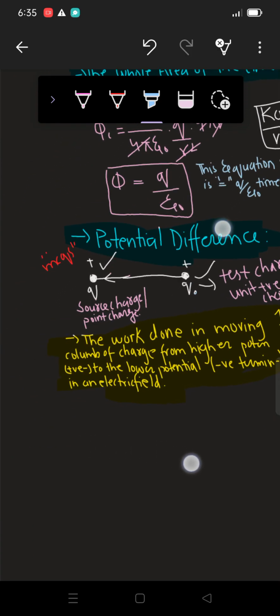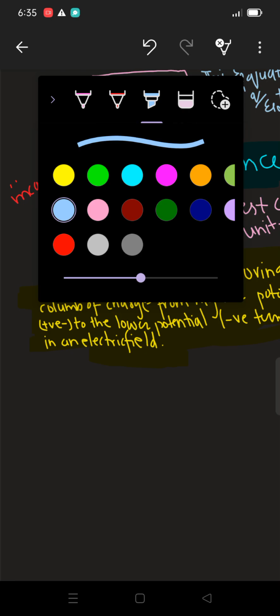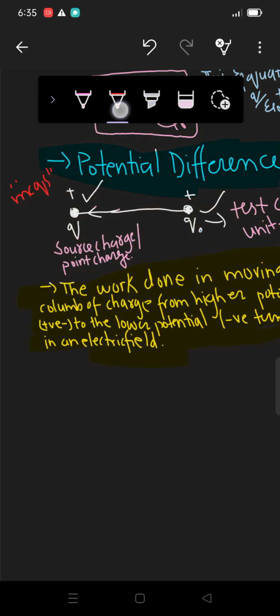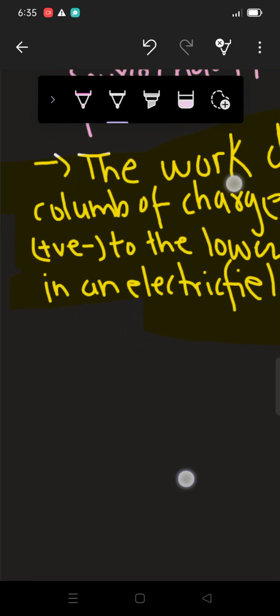If I write this in the mathematical form, how will I write that? Let me write that now.